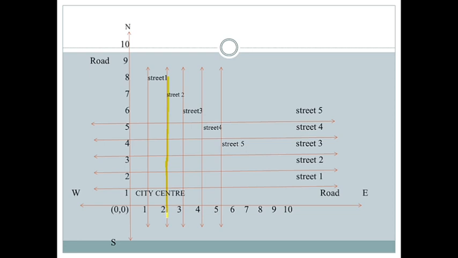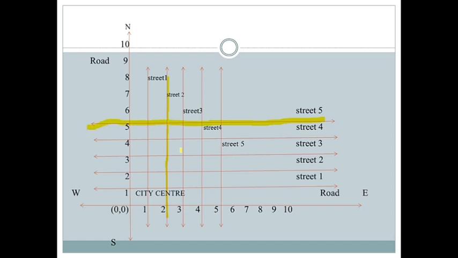Then in the next part it is given, and fifth in the east west direction, and again the fifth street is there which is running east west. So this is east to west, and the fifth street means this is 1 2 3 4 5. This is the fifth street which is running in the east west direction.